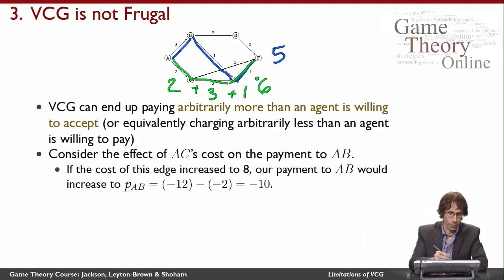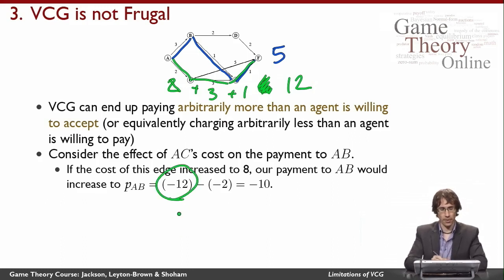So if, for example, the cost of this edge was to increase to 8, then here our cost would be 12. Our second shortest path cost would be 12. And so that would change the payment to AB, and it would go up by 6. So we increased this value here of somebody else's value by 6.